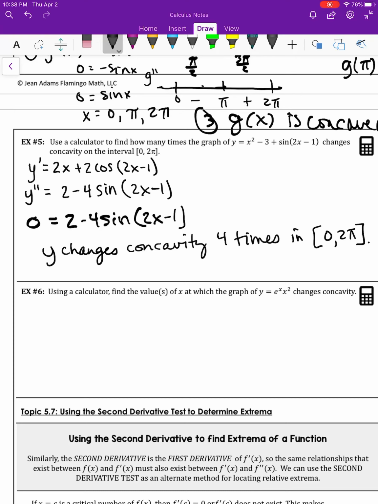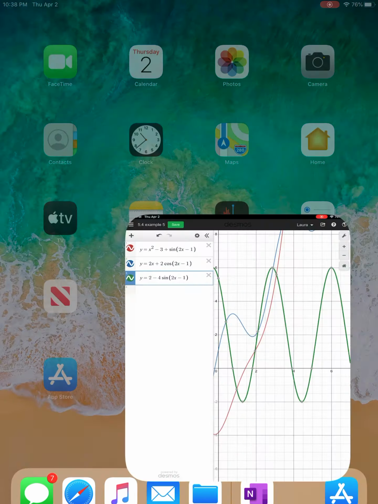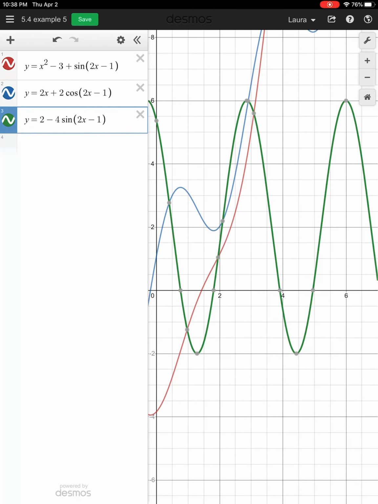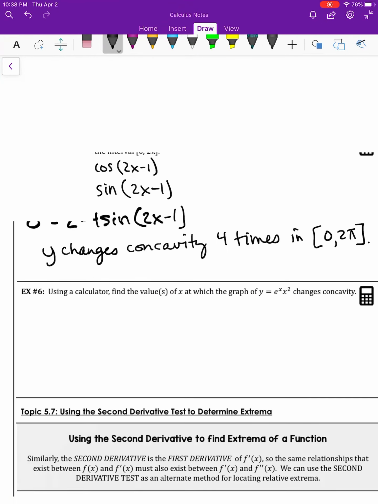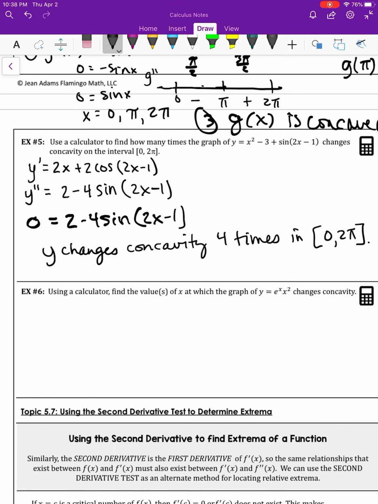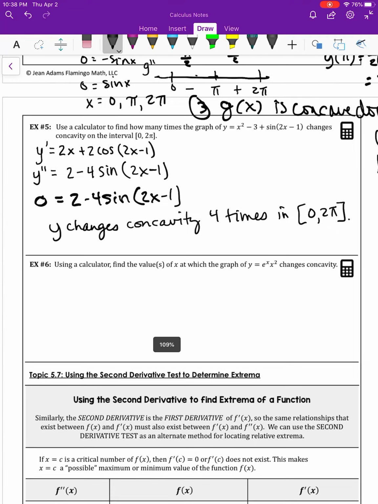Because I knew that and it was hard to see. I don't know if you paid attention to your original function when we were over there on Desmos, but when you look at this red function, it's hard to see how many times it's changing concavity. So luckily we were able to pull up that derivative and look at that.